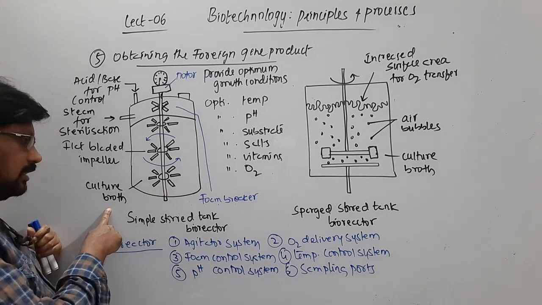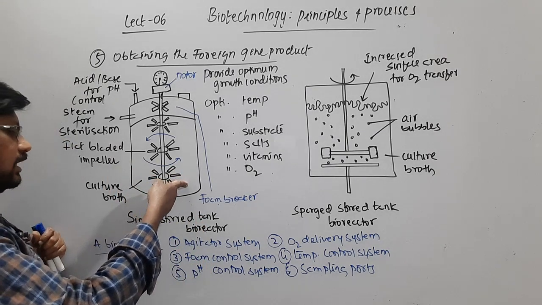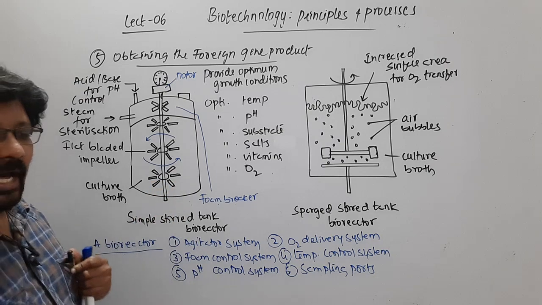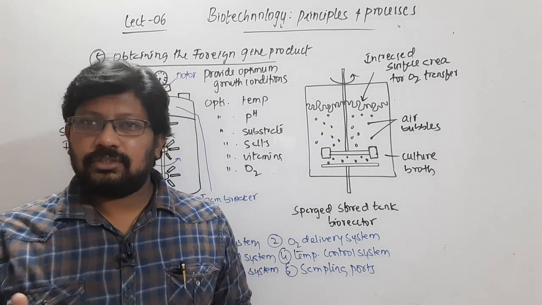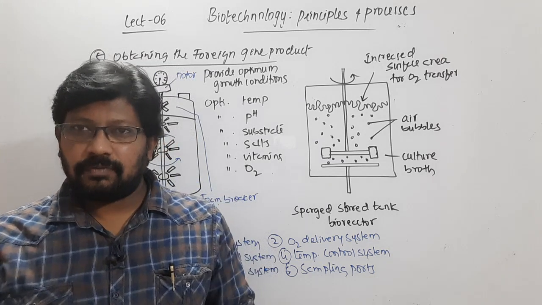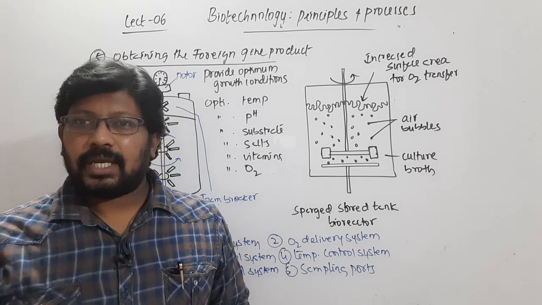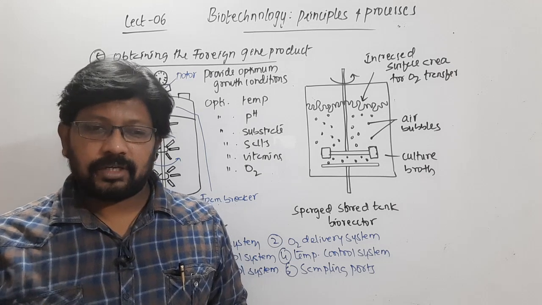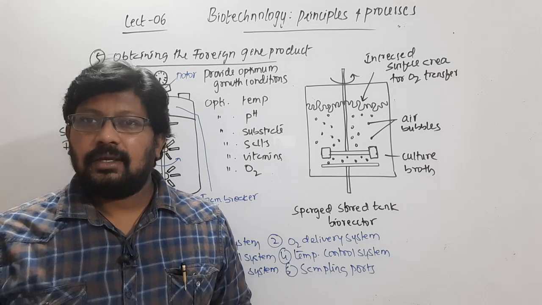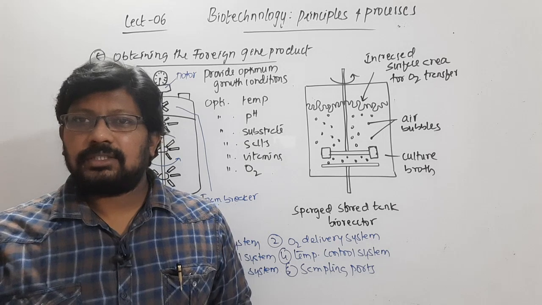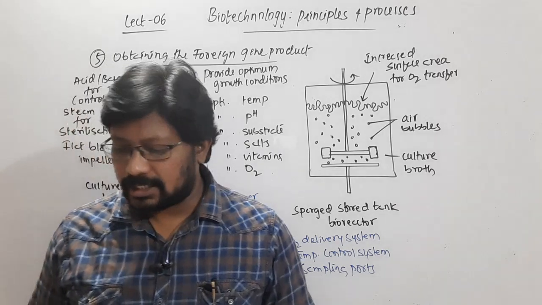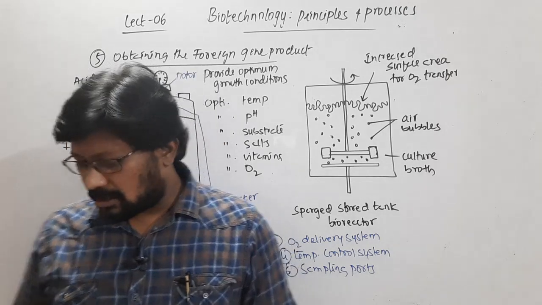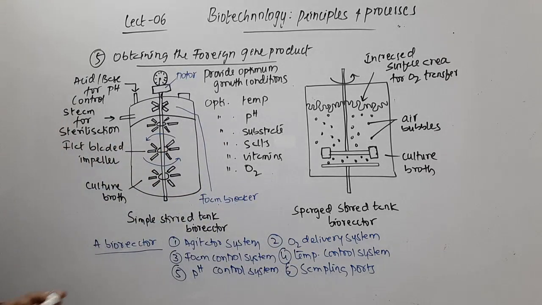So the insulin is mixed with the culture broth. Now we need to separate that insulin from the culture broth, purify it, add some preservatives and whatever formulations are required, and then put it into bottles and release it into the market. All this process is what we call downstream processing. So let's look at that downstream process.